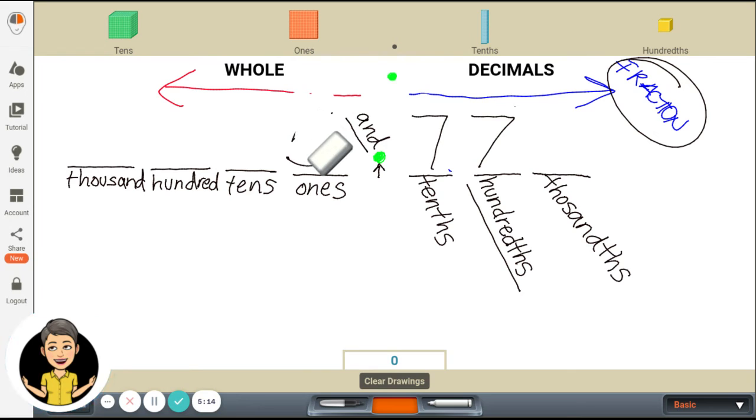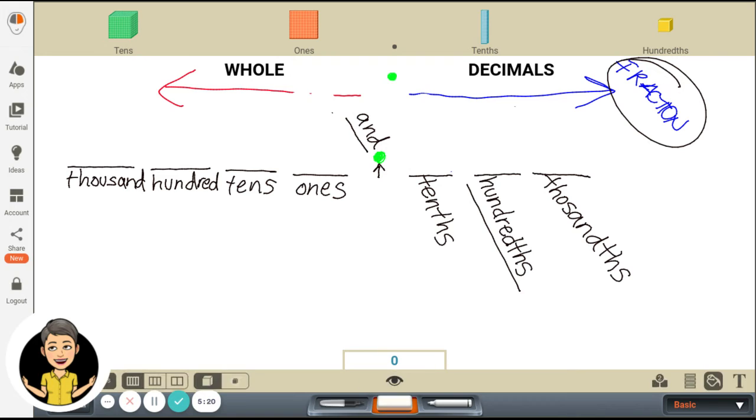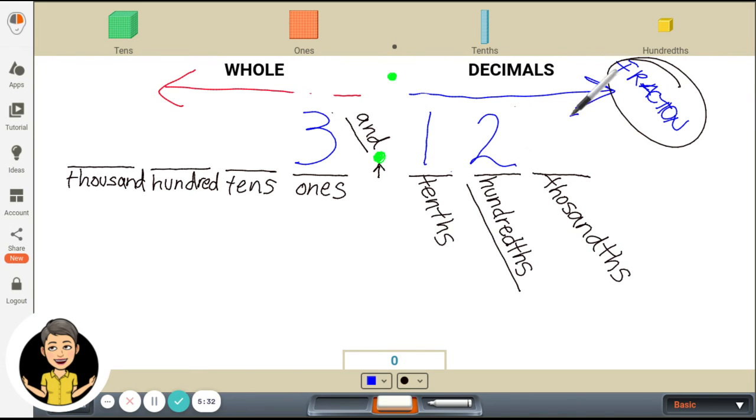Another number. Now we have 3 and 125 thousandths. And I missed one letter here.